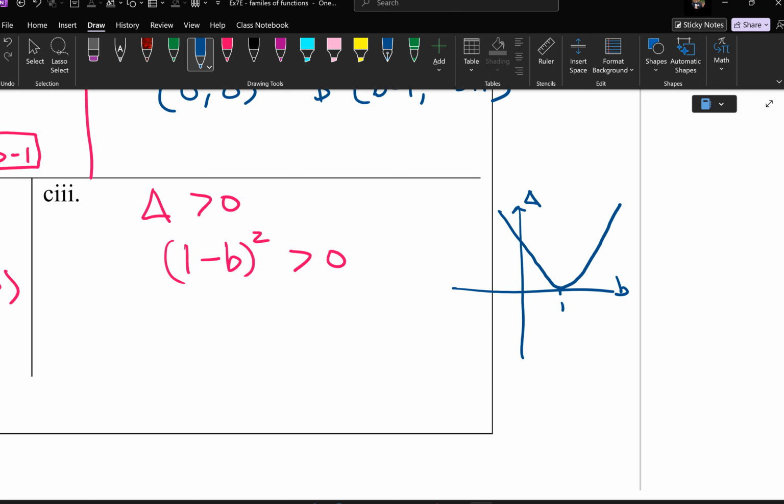Why? B equals 1 for one solution, but if you want more than one solution, what must b be? B can be all real numbers, so any number on the left or the right, except for 1. That's the only way that you're going to have two solutions, because the discriminant's always greater than 0.